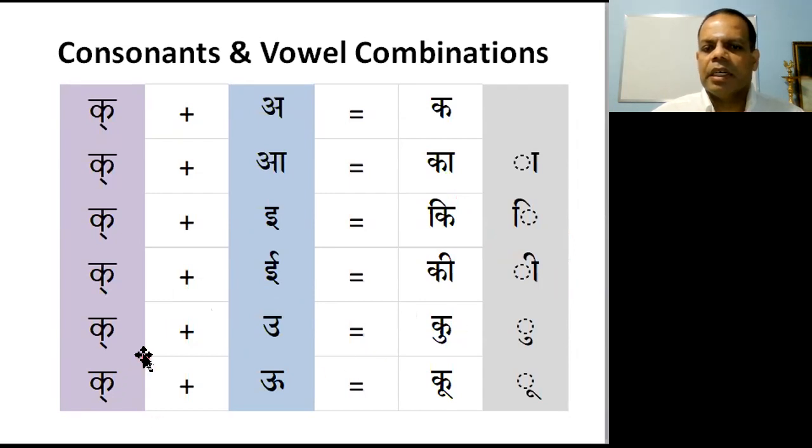Then ik plus u gives you ku. You can see what is happening here: a curve below which goes towards your left side. That is ku.